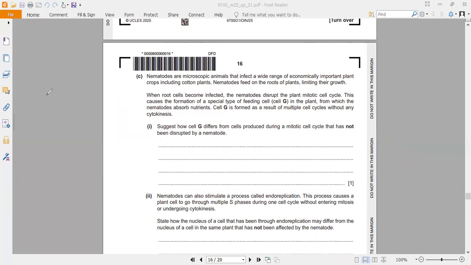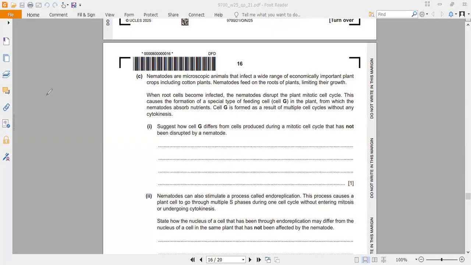This causes the formation of a special type of feeding cell in the plant from which the nematodes absorb nutrients. Cell G is formed as a result of multiple cell cycles without any cytokinesis. Suggest how cell G differs from cells produced during mitotic cell cycles that have not been disrupted by the nematodes.